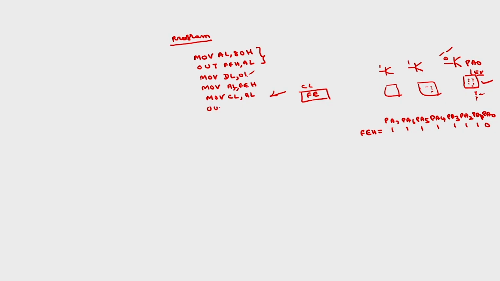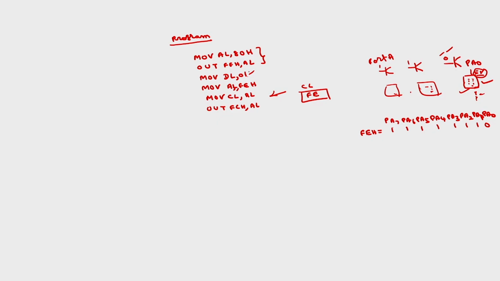Then OUT. Because this is connected to port A, the address of port A is FCH comma AL. With this instruction, only this particular common pin of this display will be 5 volts, and all the remaining displays will be disabled. Then you have to send a 1 on this one.